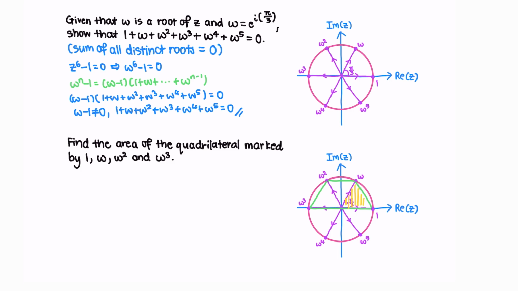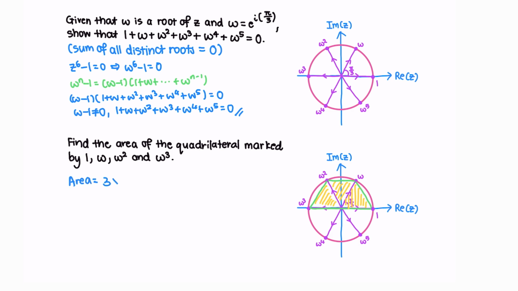If we want to find this yellow area, your green area is just 3 times this yellow triangle. Each of these yellow triangles are the same. Why? Because they all have an angle of π over 3. And because these 3 yellow triangles are the same, to find the area of the quadrilateral, what this is going to be is 3 times this yellow triangle.